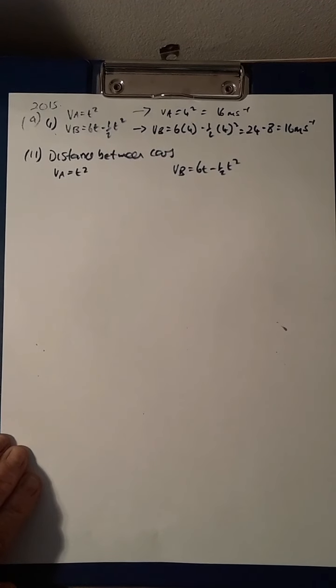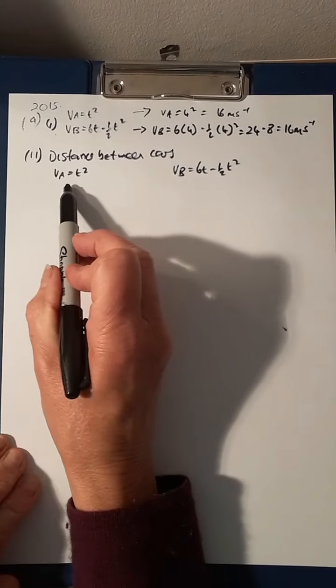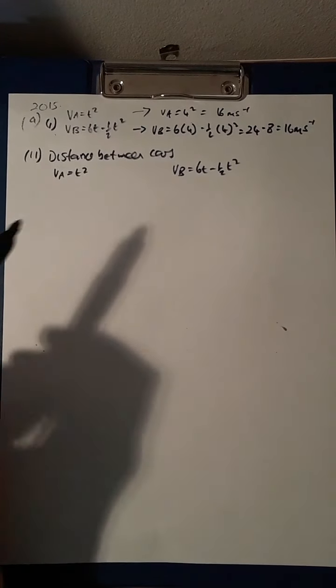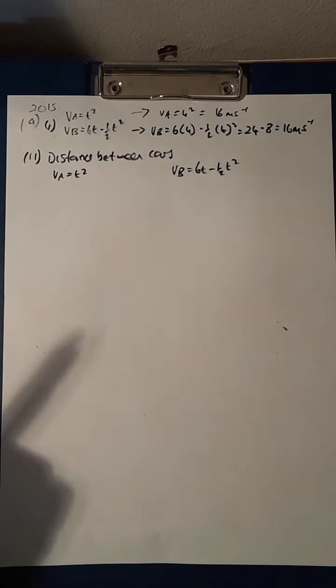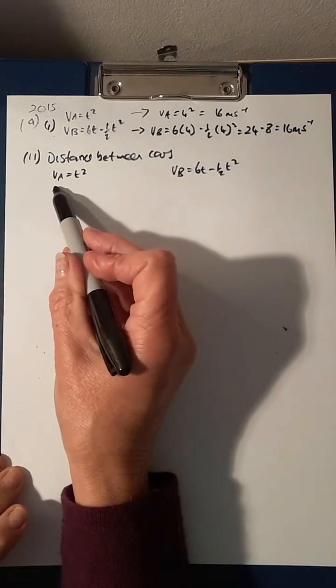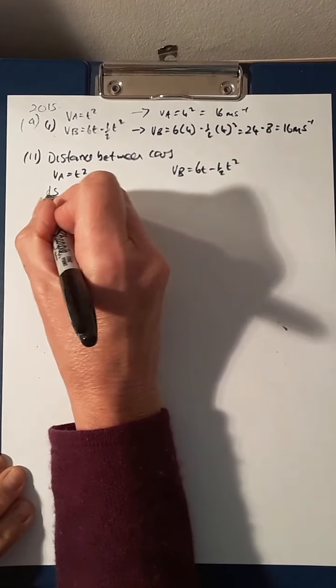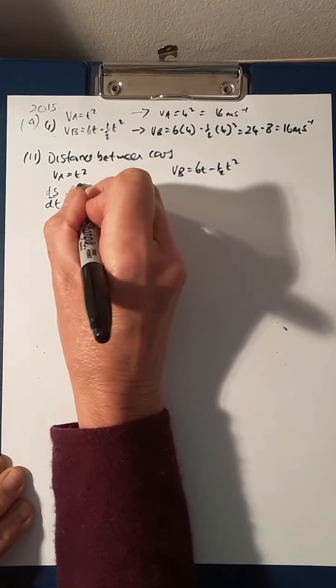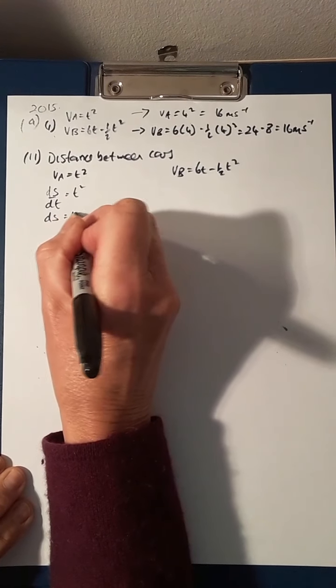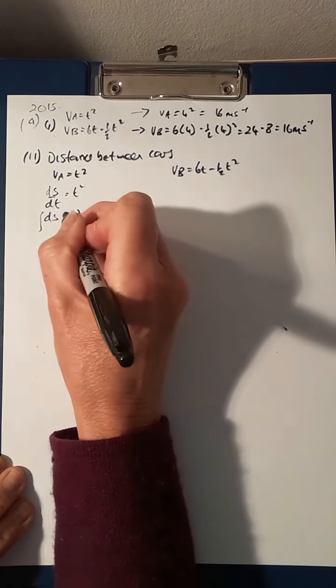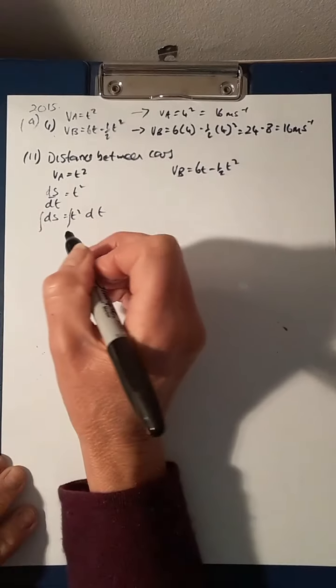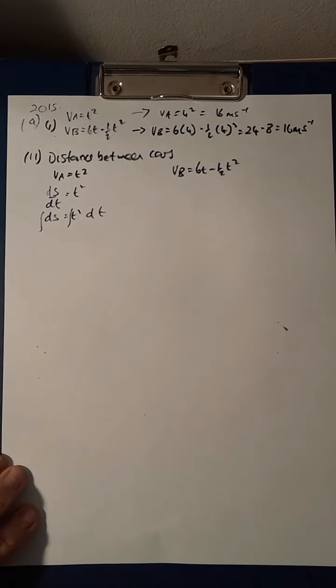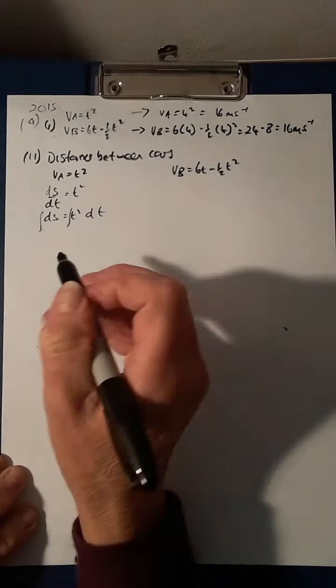Remember, acceleration is not constant, so the only way we can get distance from this velocity is of course to use integration. So I'm going to change this velocity v into ds dt. ds dt is equal to t squared. I'll separate the variables and then integrate to find the value of s after 4 seconds.